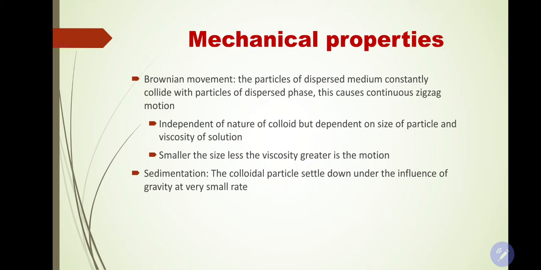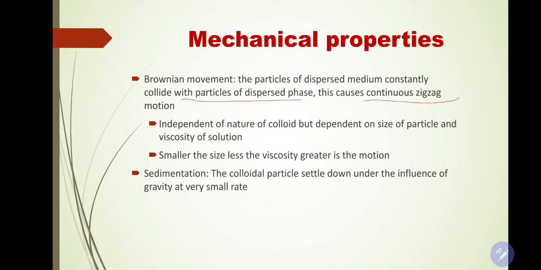Now let's talk about the mechanical property. It is the zigzag motion of the colloidal particles in the dispersion medium. The colloidal particles are constantly in zigzag motion, because particles of the dispersion medium constantly collide with the particles of the dispersed phase.